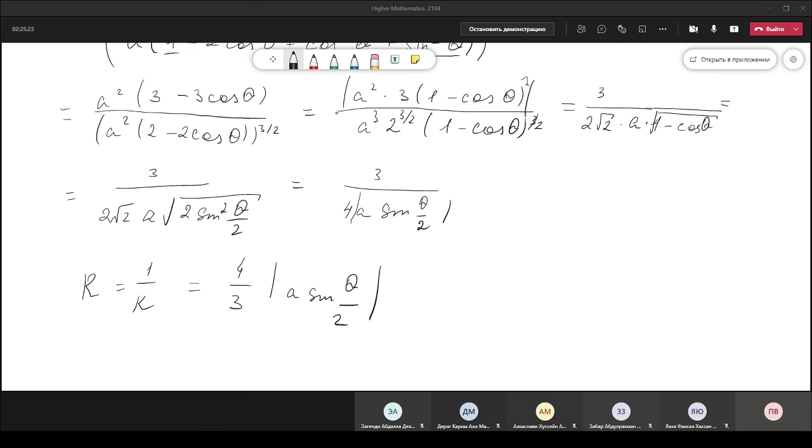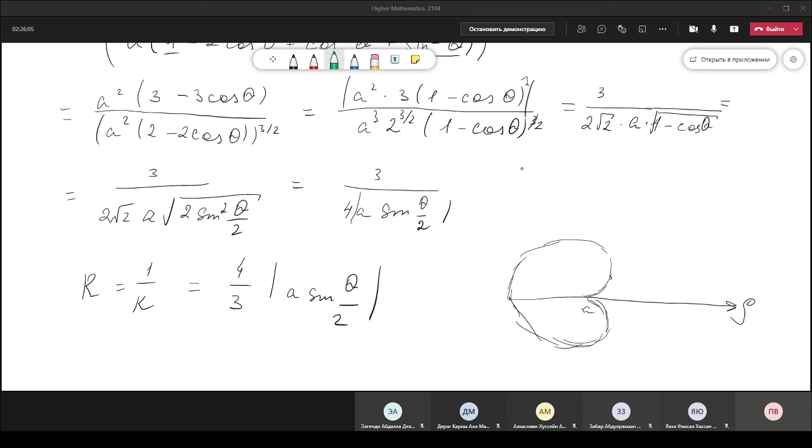And what is it? It is cardioid. Oh, sorry, not very straight line. Cardioid. Maybe here we have approximately. We have any point.